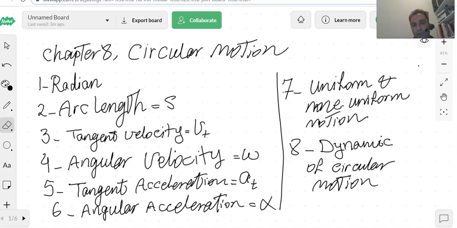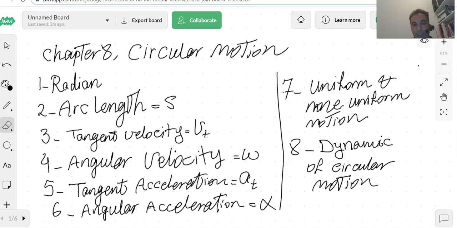Chapter 8 is about dynamics of circular motion. If you remember, we had kinematics of circular motion in chapter 4, but in chapter 4 I didn't do a lecture about that.